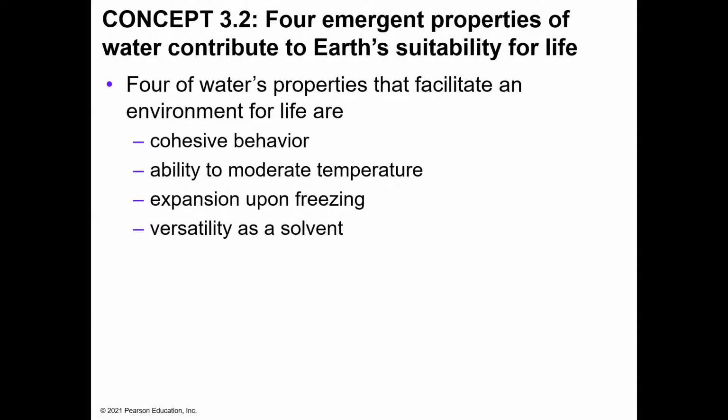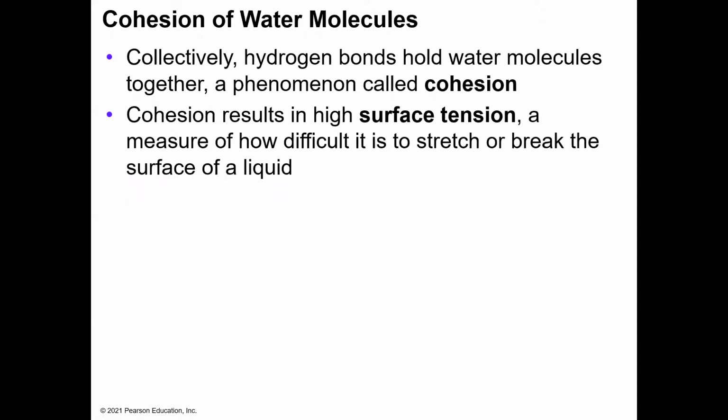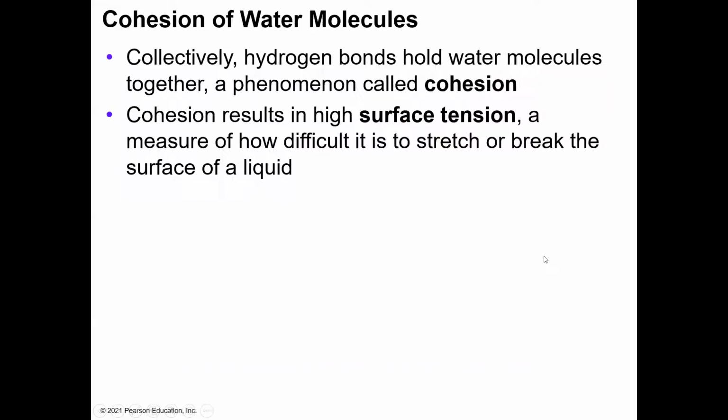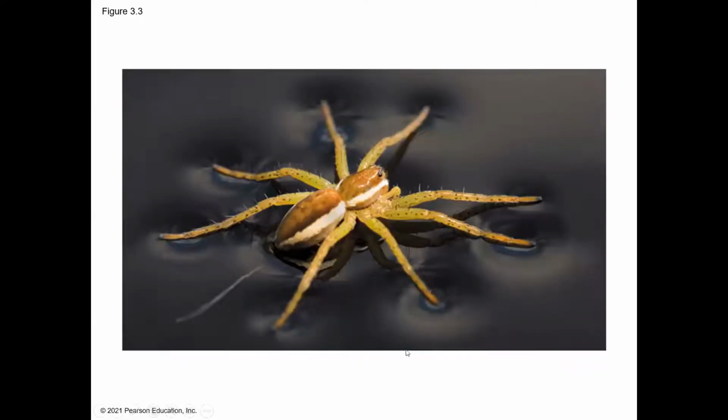And because they stick to each other, they create something called cohesion. Cohesion is basically sticking to each other, sticking to the surfaces. And this cohesion creates surface tension, right? So surface tension, one more time, because they stick to each other.